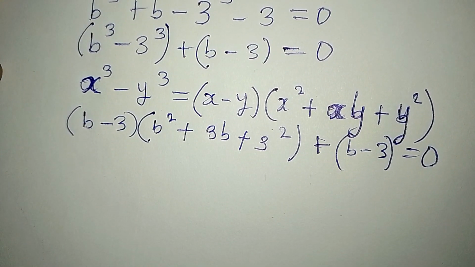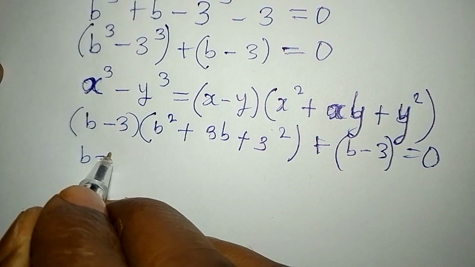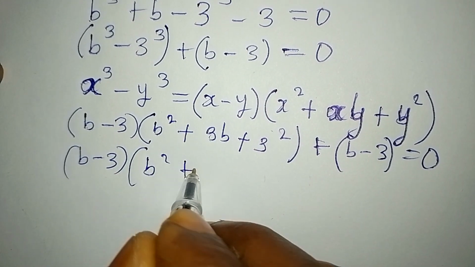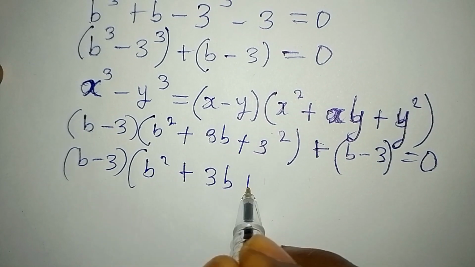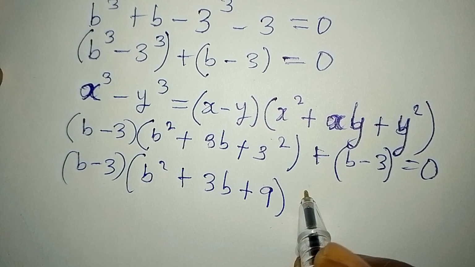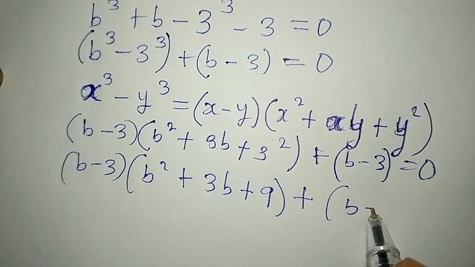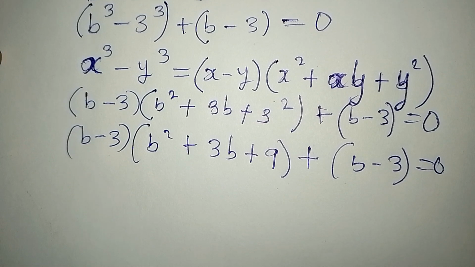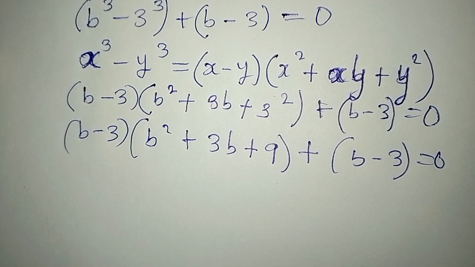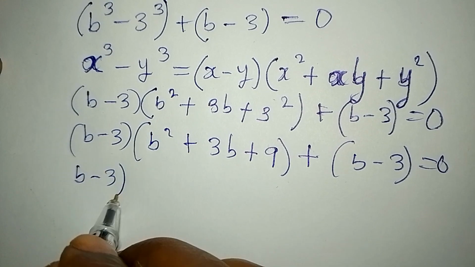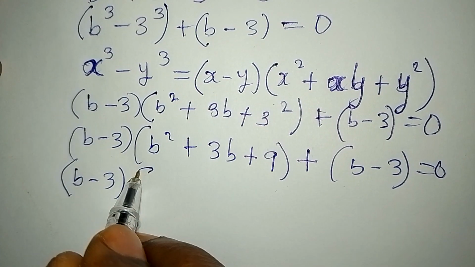Now from here, what can we do? This is b minus 3 into b squared plus 3b plus 9. Then we close this, plus open bracket b minus 3 equals 0. And from here, observe that there's already a common factor, and it is b minus 3. So we'll factorize it out.